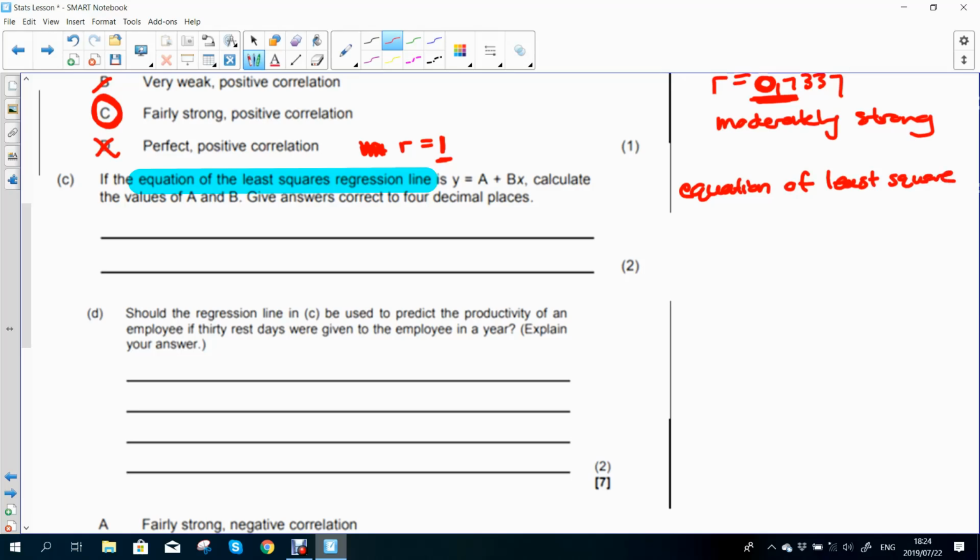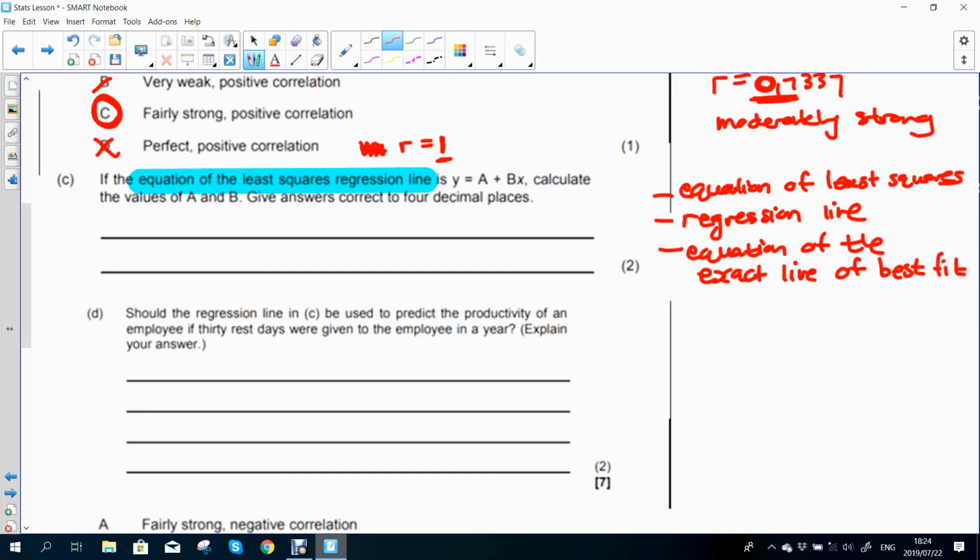That's the one way of asking it. The other way is to say the regression line, or the other way is to say the equation of the exact line of best fit.